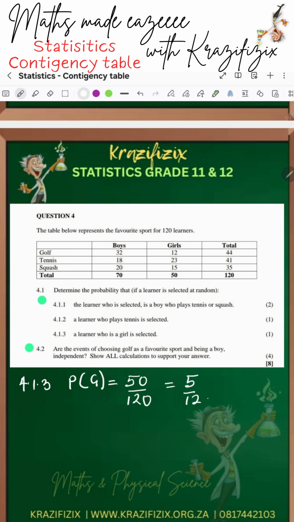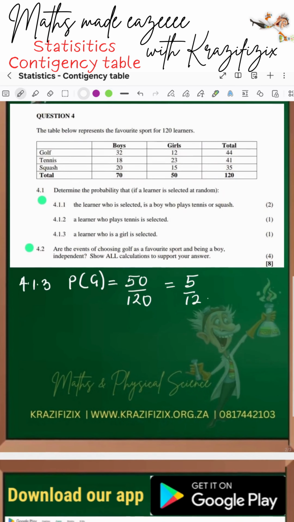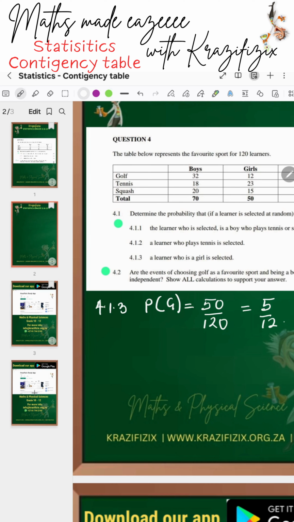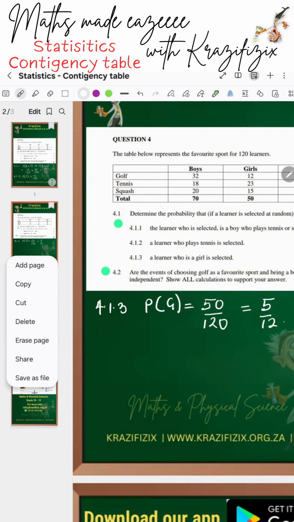Lovely. Now 4.2. The event of choosing golf as a favorite sport and being a boy, are they independent? The first question I'd like us to quickly ask ourselves is, what does the word independent event mean?